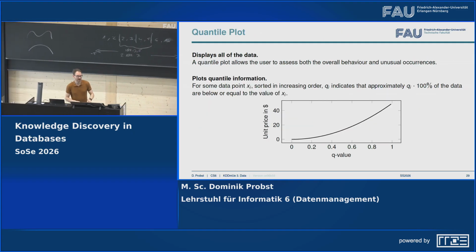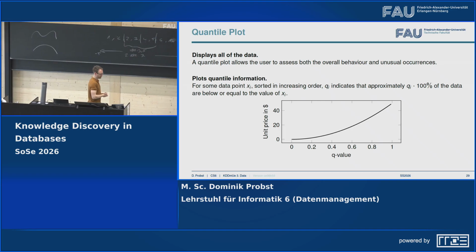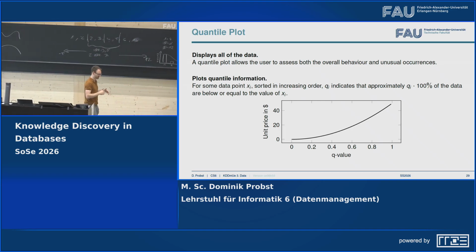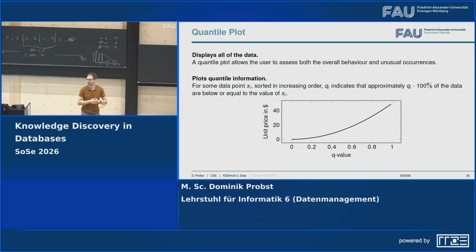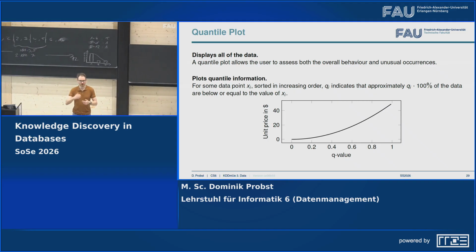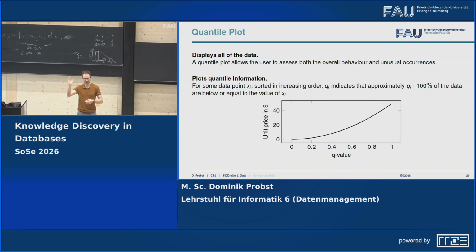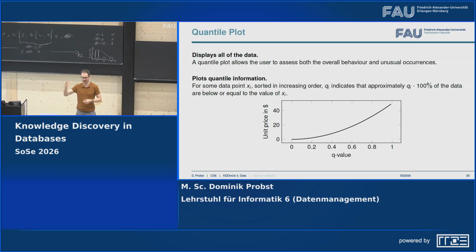Next thing, and that's something where we first have to define a new term. We already know about quartiles. So we know about 25%, 50%, 75%. Next to quartiles, we also have quantiles. Quantiles are related.